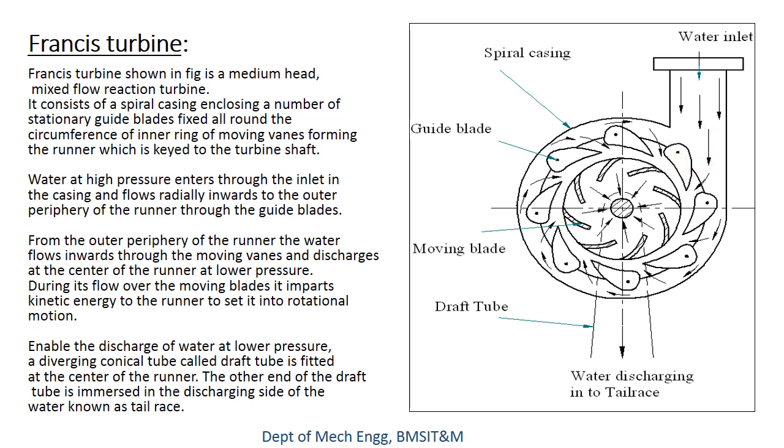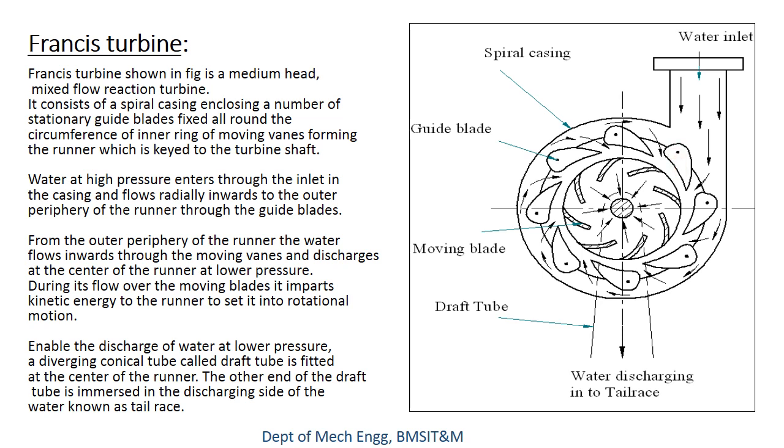The guide blades guide the flow of water towards the moving blades or the turbine blades. The main purpose of these guide blades is to guide the flow of water from the periphery and push it towards the center and to allow it to flow over the turbine blades.